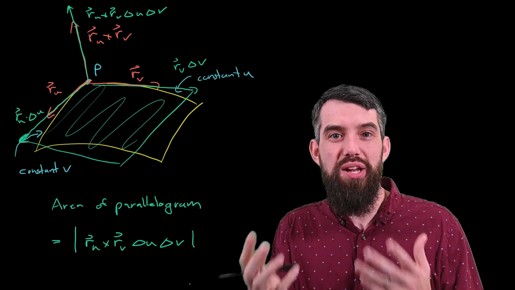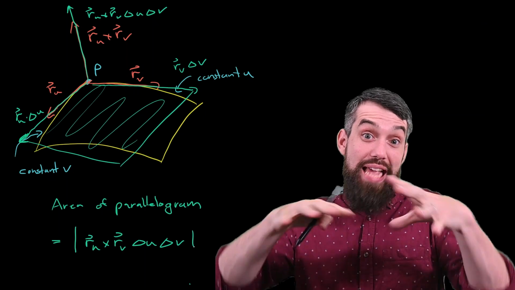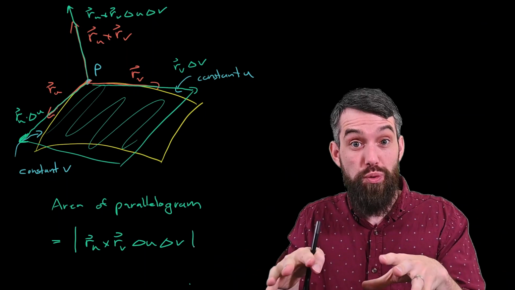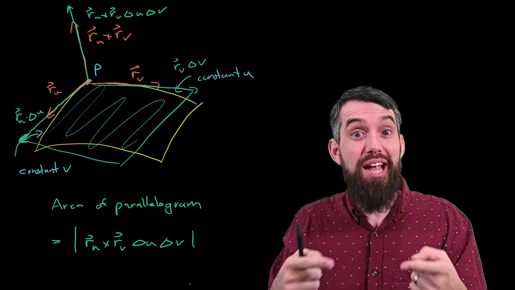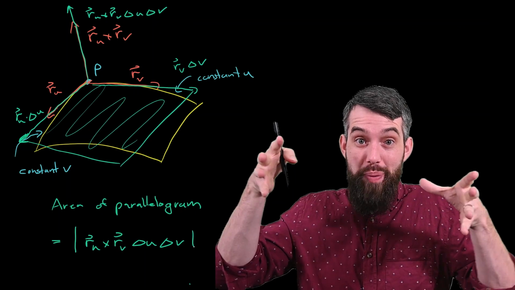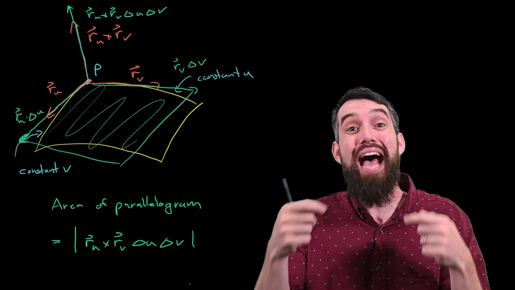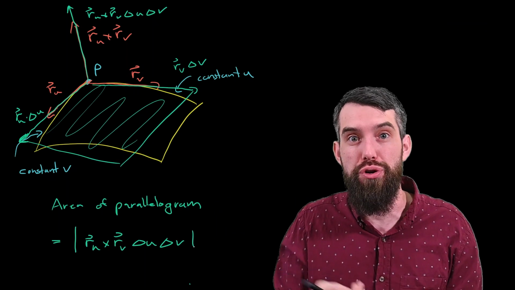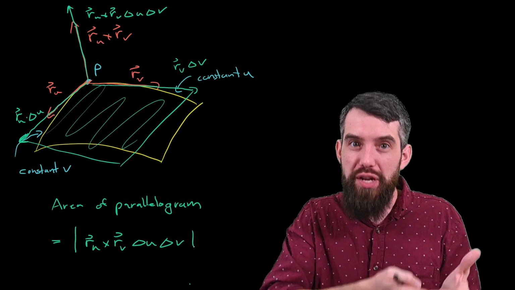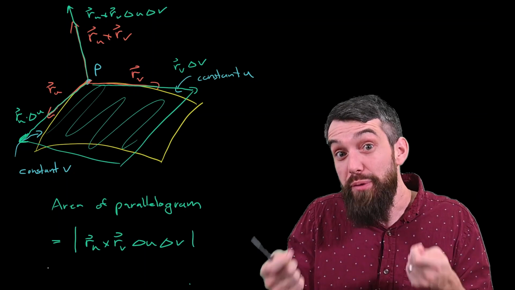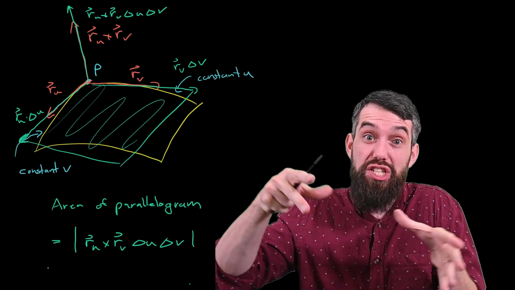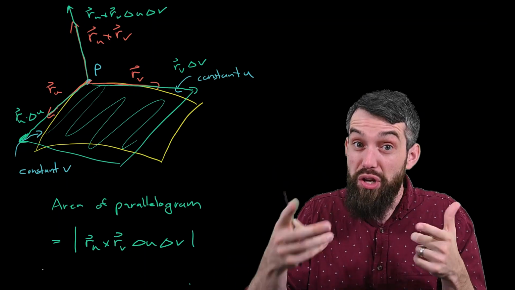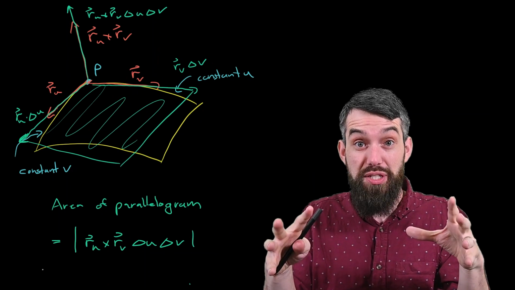And then the argument here is that I don't know what the exact surface area of the original little portion of the surface was, but I'm going to approximate it by this little parallelogram that sits on it and has the property that the edges of the parallelogram are tangent in each of the two directions, the R_U and the R_V directions. And then because I can compute the area of that approximation, this little parallelogram, very nicely via the cross product, I have a good approximation for the underlying surface area.